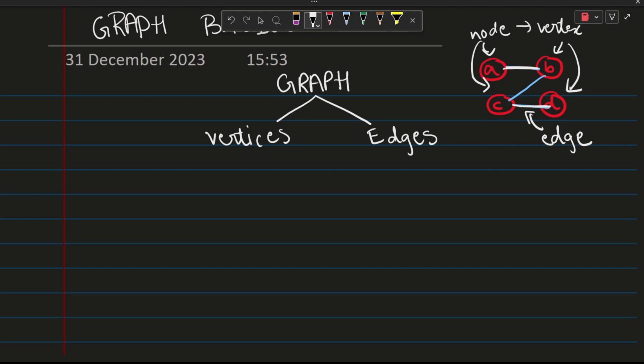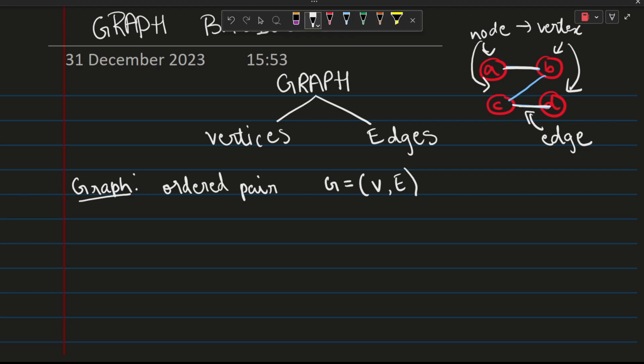Now that we know what is a vertex and what is an edge, let me give a formal definition of a graph. A graph is an ordered pair defined as G equals (V, E).